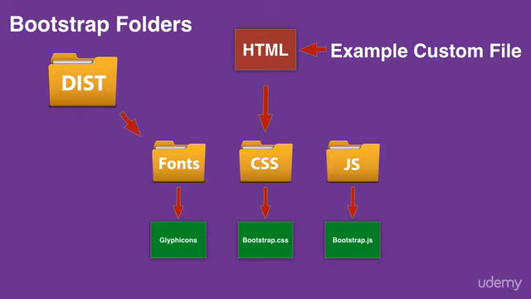We usually link it to the CSS folder, and then we also use a script tag and link the JS folder. I'll show you later on how that works. Once we link it to that, then it's good to go.